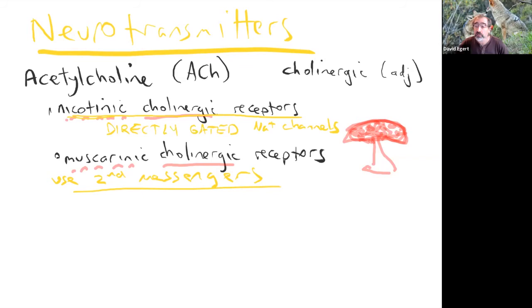When we get into the autonomic motor system, both the somatic motor and autonomic motor have muscles with cholinergic receptors, but skeletal muscle has nicotinic cholinergic receptors. So if you excite it, the muscle's going to get excited and contract. For the smooth muscle with the muscarinic cholinergic receptors, you don't know whether it's going to contract or relax. It depends on the situation you're looking at. So this is important. Acetylcholine, cholinergic.